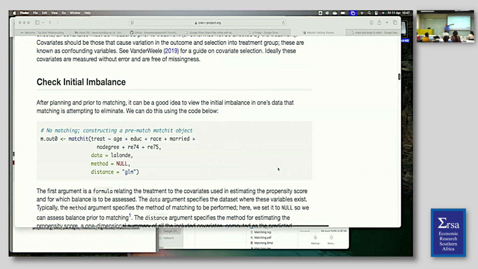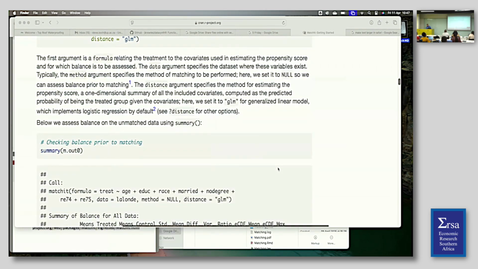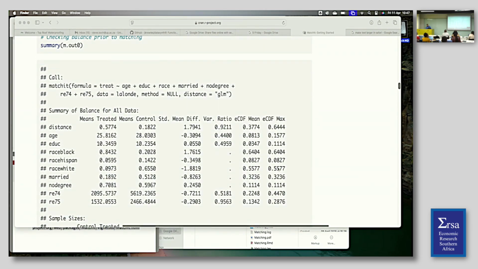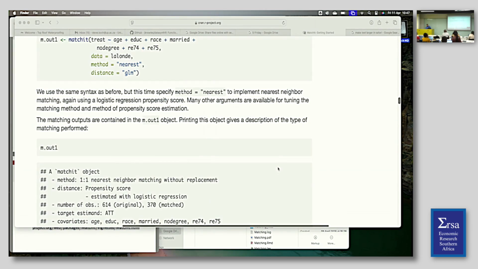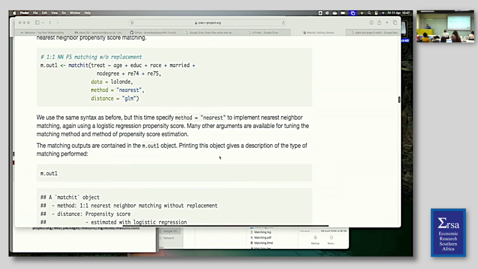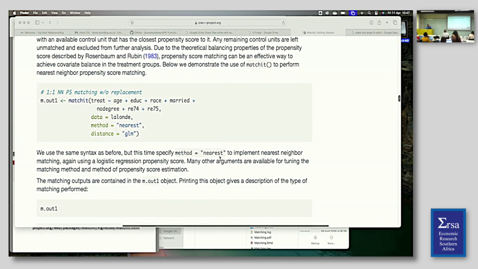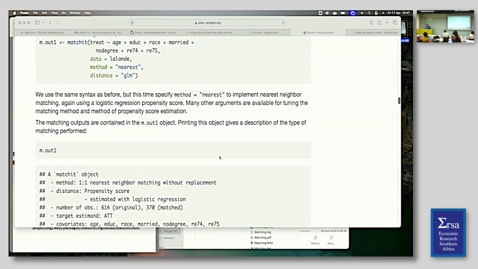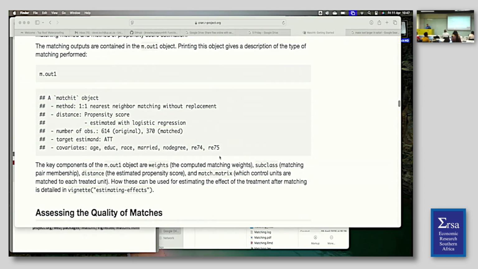You were just looking at the data itself to see how different it was. Now we're applying nearest neighbor matching. There are other matching methods in this package. And it shows you what it gives you. It tells you what the method is.